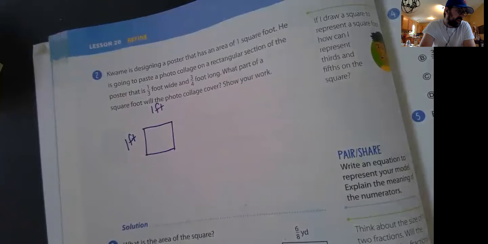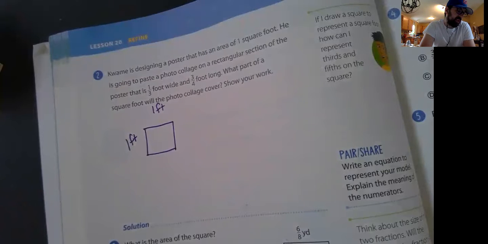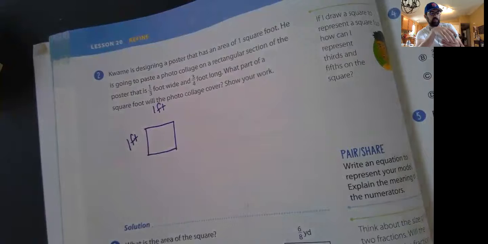Now, he is going to paste a photo collage of a rectangular section of the poster that is 1/3 of a foot and 3/4 of a foot long. Okay, so again, this is a portion of it, right? Just one section. It's rectangular, so we know we have length and width, length times width.